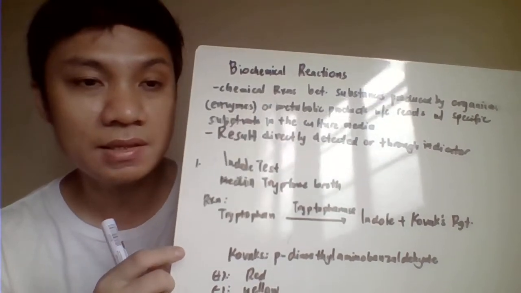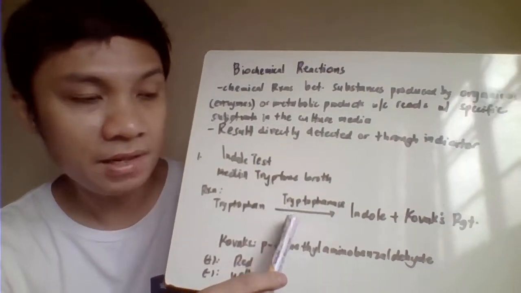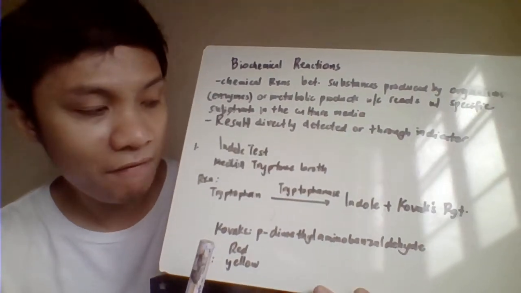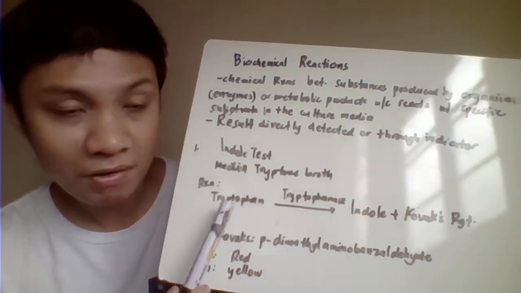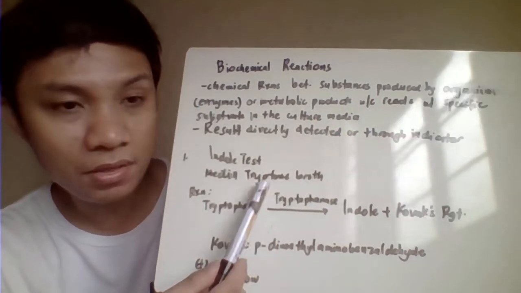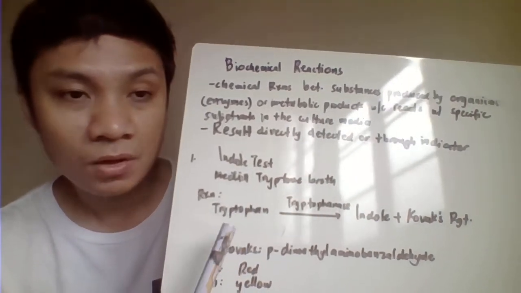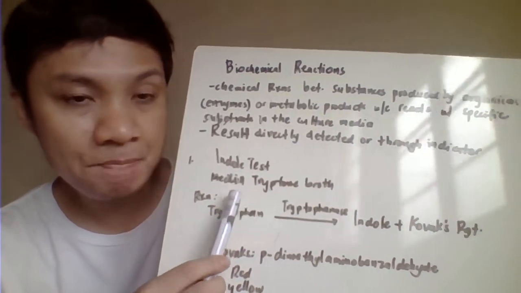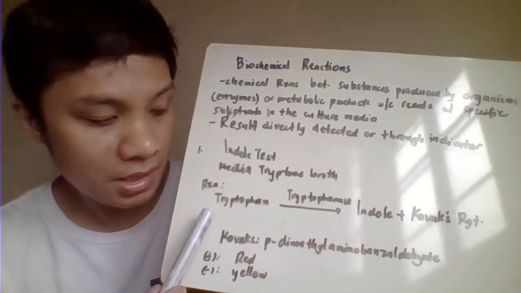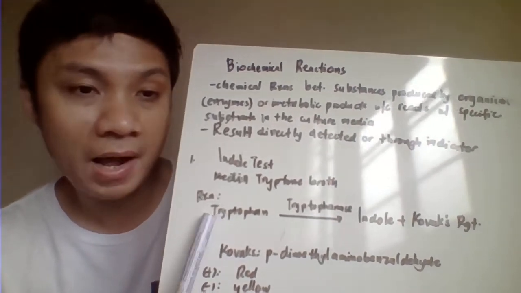Indole is a test for identification of the enzyme tryptophanase. The basic reaction: we have tryptophan found in the tryptone broth. This is the culture media used, where you inoculate your organism. The tryptone broth contains tryptophan, an amino acid.